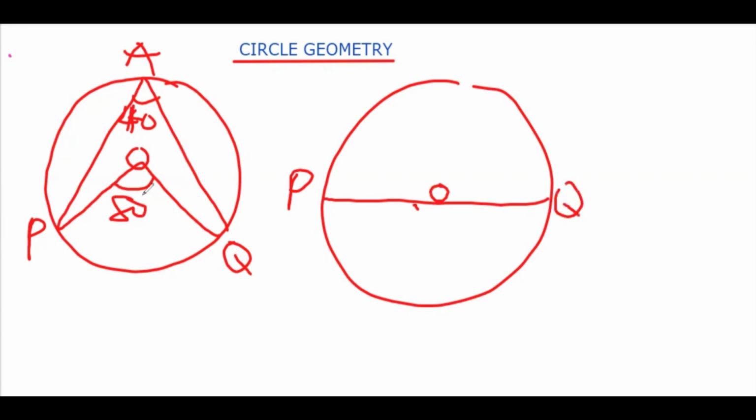Instead of forming an acute angle here, we have stretched it out. P has come here, Q has come here, so this has become a straight line angle, which is 180. So the one it will now sustain at the circumference, since it's supposed to be half of the one at the center, would be 90. Hence, we have what we call angle in semicircle.